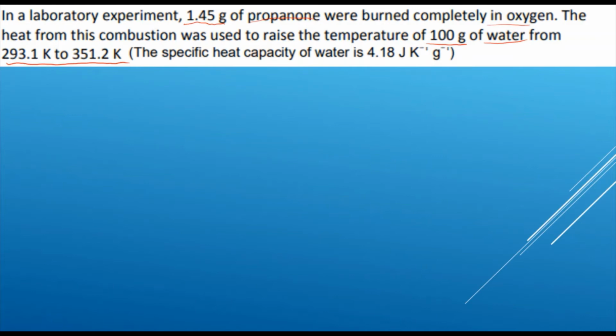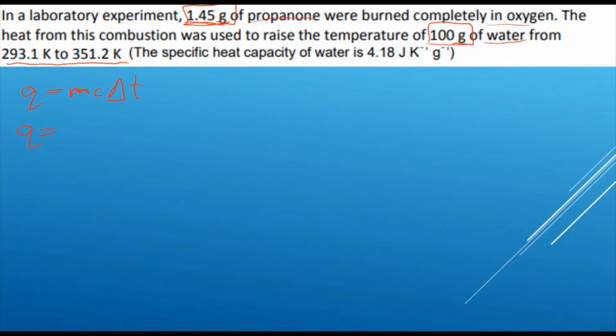So what I do with any calorimetry question is write the equation down first. So I would say that Q is equal to mc delta T. Then I can start putting the values in. For the mass, I've been given two masses here: the 1.45 grams of propanone and 100 grams of water.